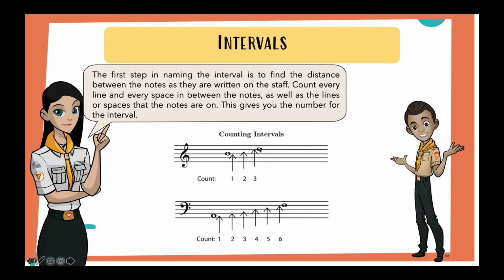So basically, the relationship between B and D is that the D is a third in respect to B. Okay? So it's a third with respect to B.